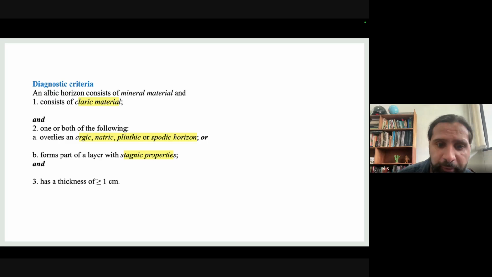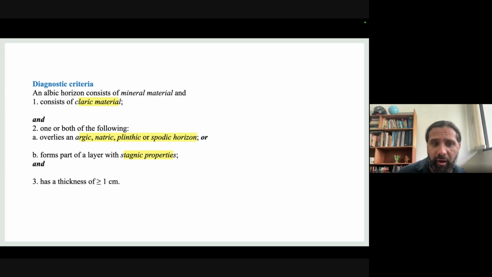Okay, stagnic properties I will show you in the next few slides, but we can just consider that one of these two options is okay. And the last criterion is about thickness. The thickness of an Albic horizon should be equal to or higher than 1 centimeter.